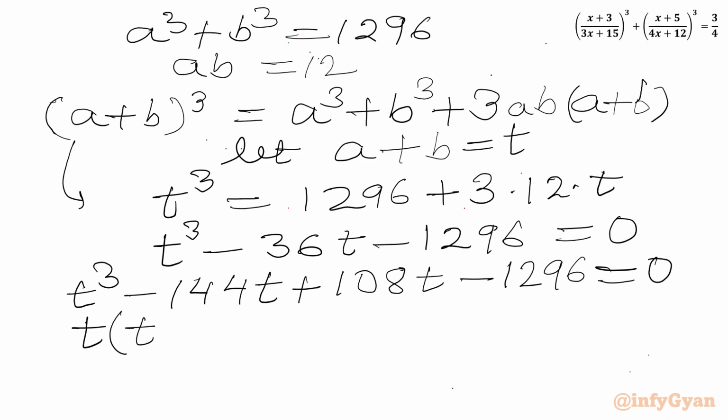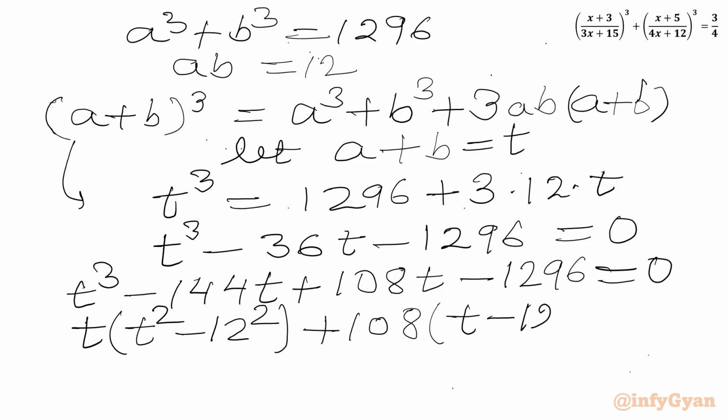So in the bracket we will get t square minus 144, which is 12 square. And from last two terms I can take 108 common. So in the bracket I will get t minus 12 equal to 0. Now we can apply difference of two squares formula.